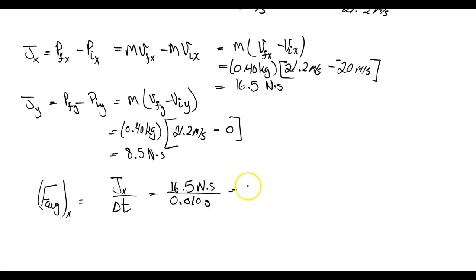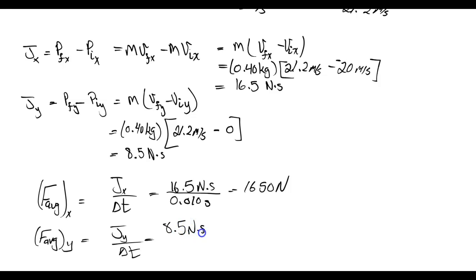So this gives us 1650 newtons. And likewise, the average y force is going to be J y over delta t, which is 8.5 Newton seconds over 0.01 seconds, or 850 newtons.